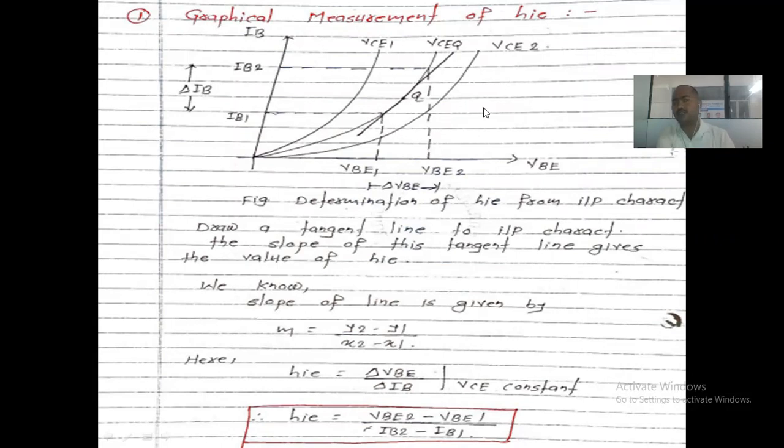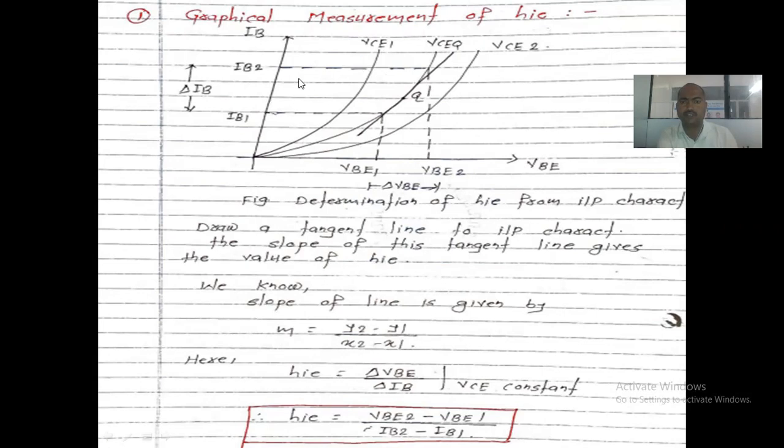How it is calculated, we have seen here. So when we have to calculate the HI, in that case we have to plot the graph of VB versus IB. This is the plot for the graphical calculation of HIE. When we plot that graph, this is your x-axis VB and y-axis IB, right?